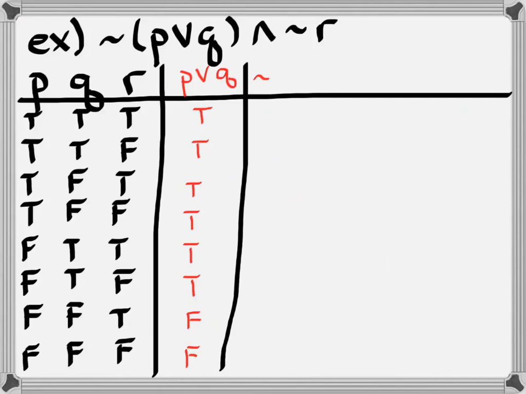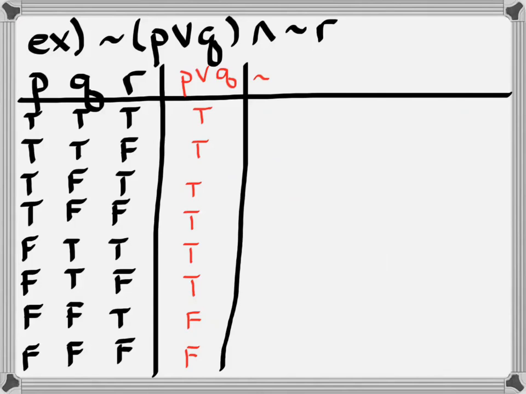So true or true is true. And I go through and I look at all of the different values. For instance, the third and the fourth row are the same, and that is true or false. But true or false is true. The fifth and the sixth row both are false or true, which is a true statement. And the seventh and the eighth row are both false or false, which is a false statement.